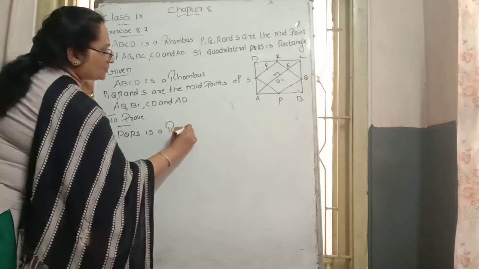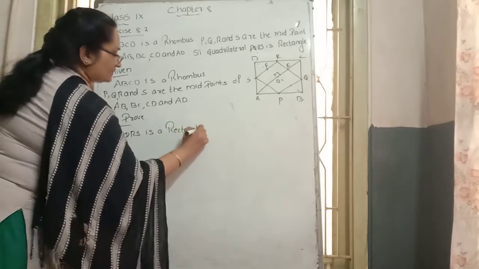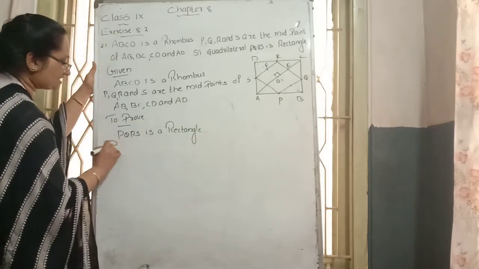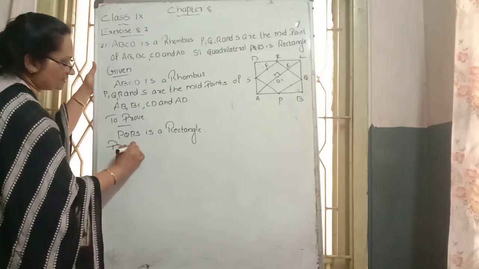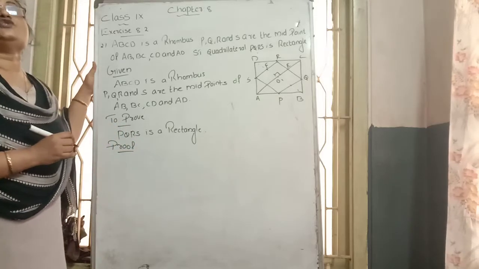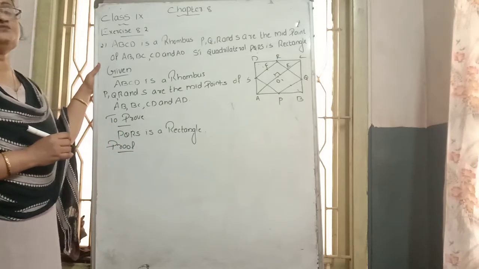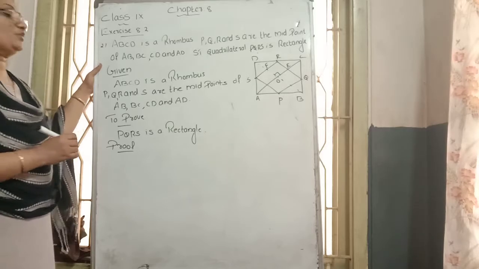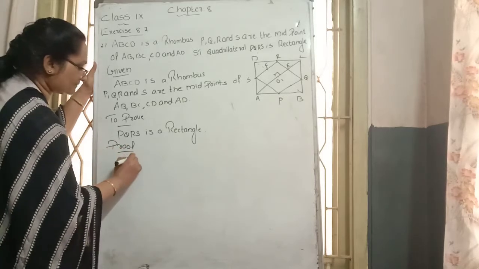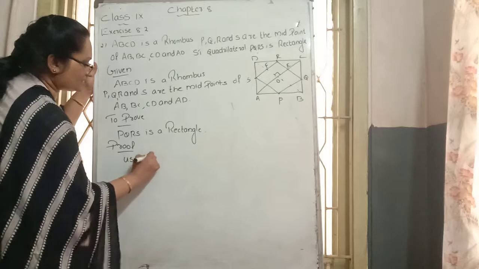How to prove PQRS is a rectangle? The third step is the proof step. By using the midpoint theorem we can prove it. First, using which theorem? The midpoint theorem.